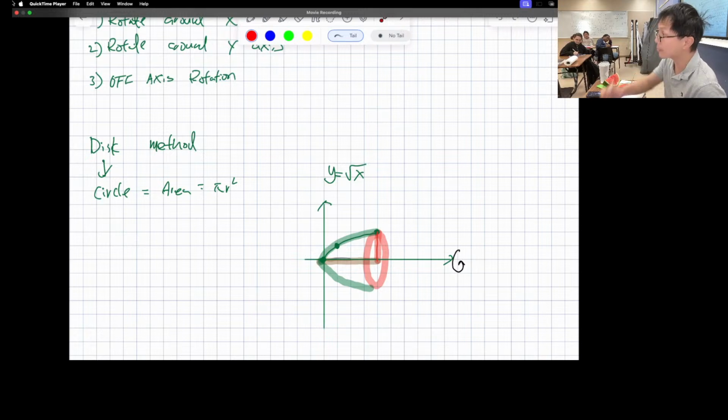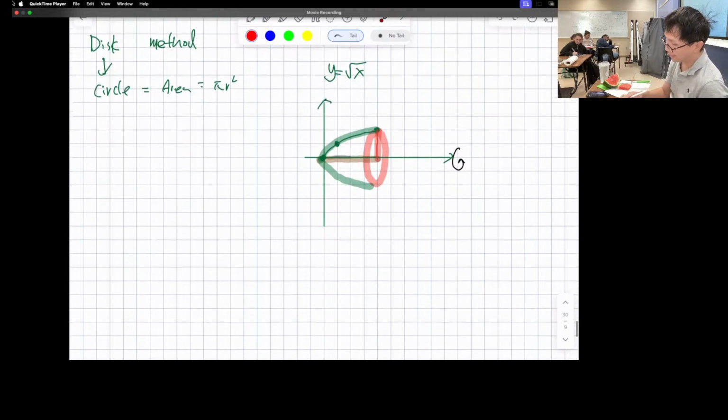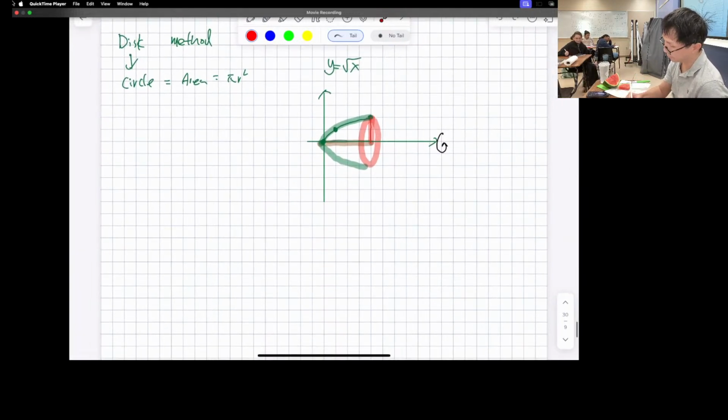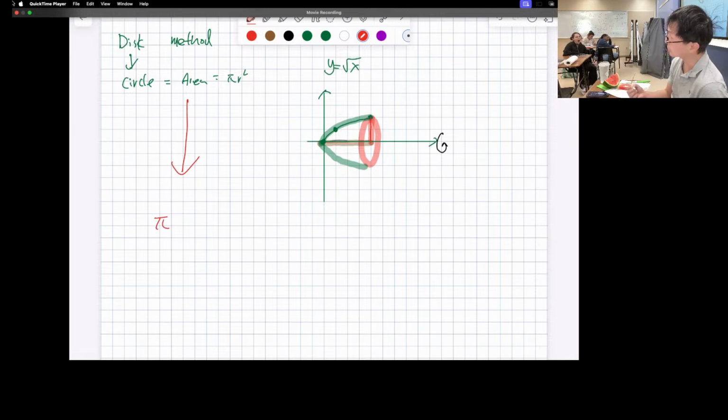So we have discovered this method. And this method is going to be pi r squared, but a little bit different, right? Because we have to add an infinite amount of disks. The adding of the disks is the integration part. So this method, we can evolve this. We know pi is the constant.